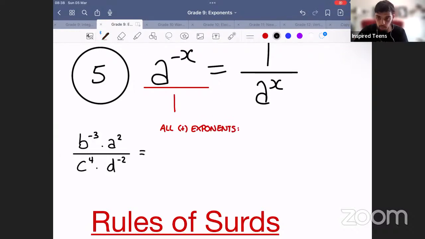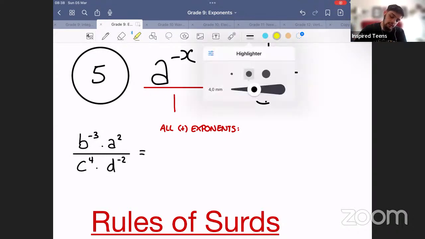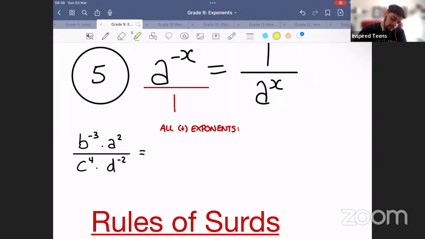If I wanted it with all positive exponents, whatever is negative, I'm going to take it to the top or take it to the bottom. So basically, in this case, what is negative? What's negative is b to the negative 3 and d to the negative 2.